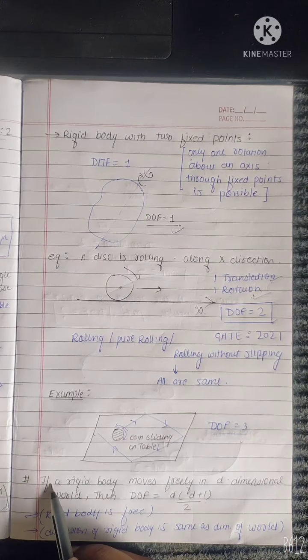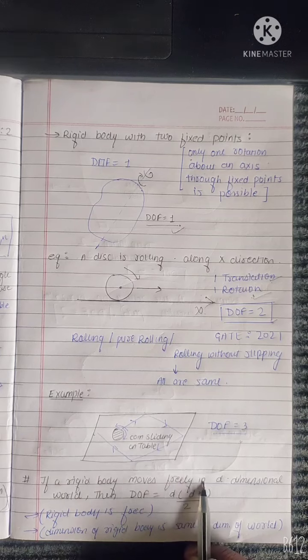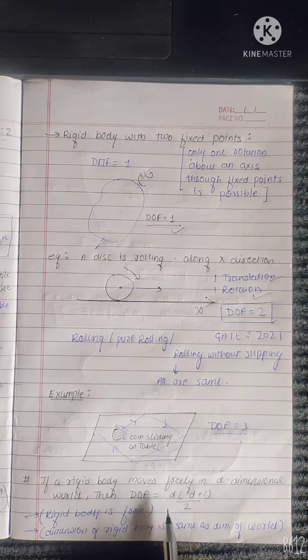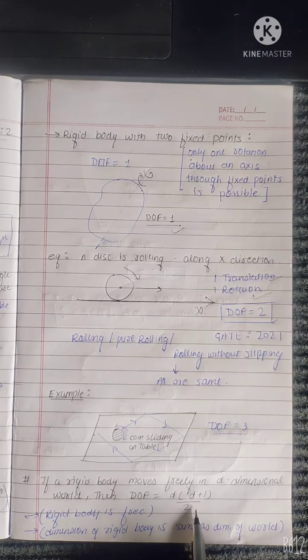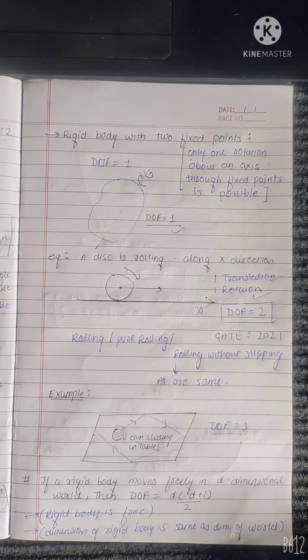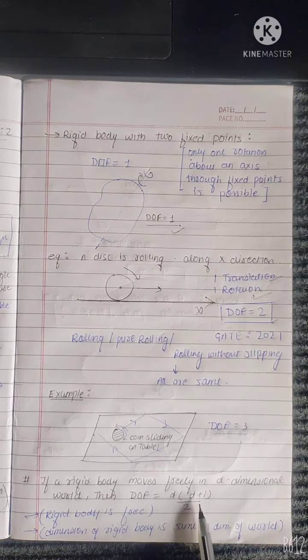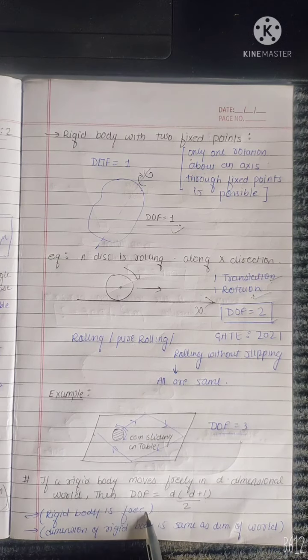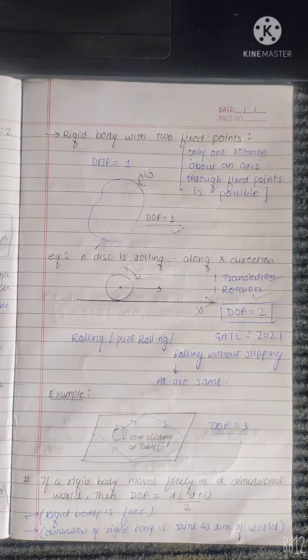Now, if a rigid body moves freely in a d-dimensional world, then degree of freedom is equal to d into d plus 1 divided by 2. Important thing to note, the rigid body must be free.